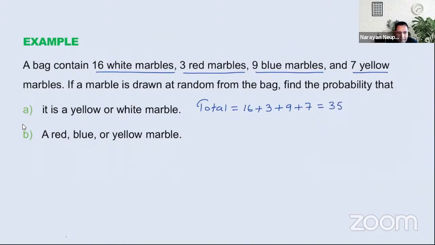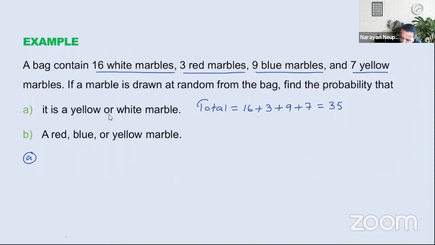Now in part A, what we are asked is, if a marble is drawn at random from the bag, find the probability that it is a yellow or white marble. There is the keyword or there.